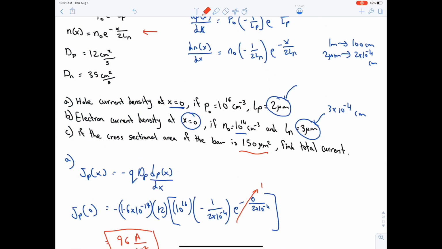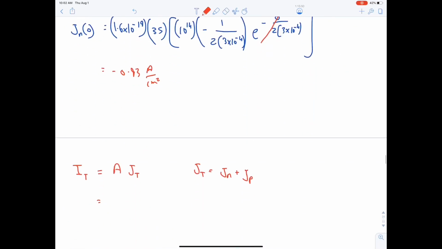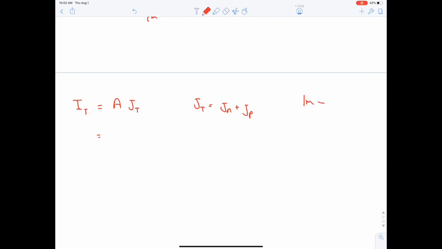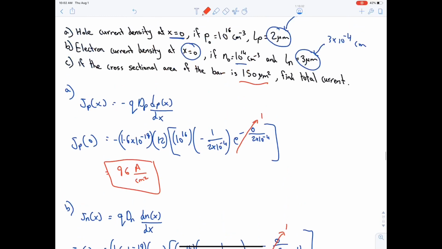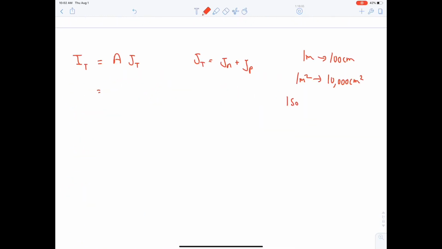Area is in micrometers squared, we need to convert it to centimeters squared. 1 meter is 100 centimeters, 1 meter squared is 10,000 centimeters squared, hence 150 micrometers squared is 150 times 10 to the minus 12, because even the micro is squared, remember? So this will become 1.5 times 10 to the power of minus 6 centimeters squared.